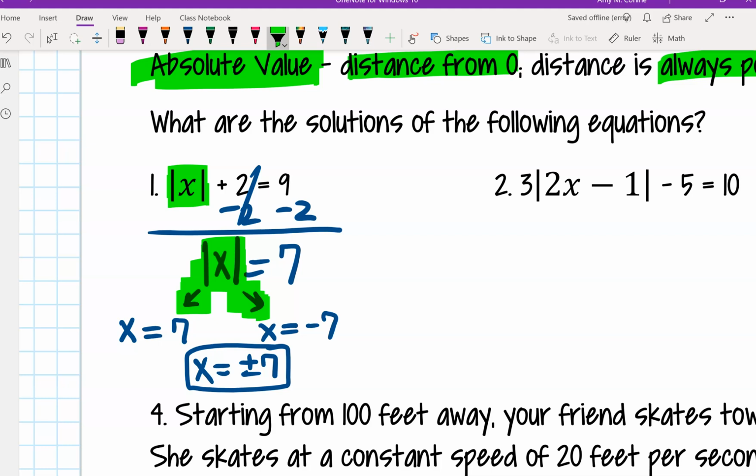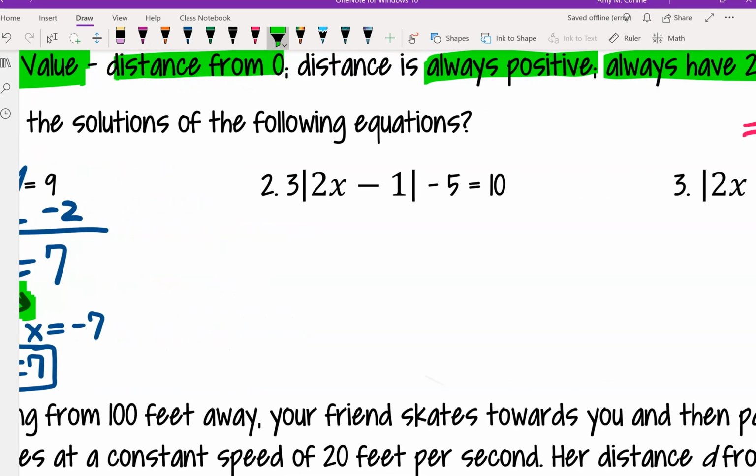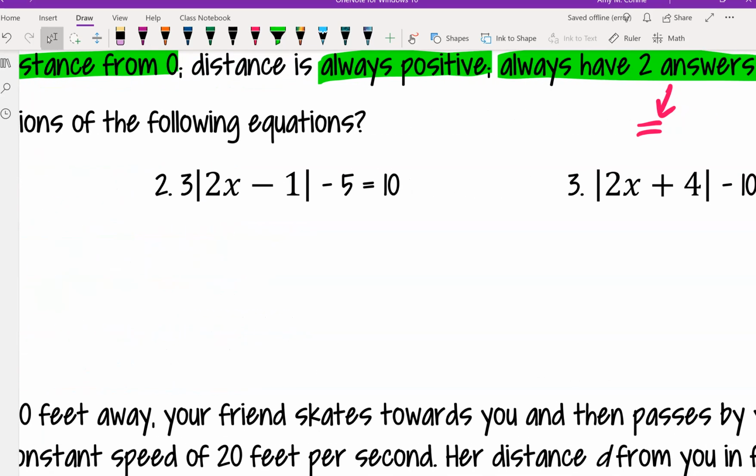I want to go ahead and do number 2 with you. I'm just going to scroll right over here. Number 2 is 3 times the absolute value of 2x minus 1, whole thing minus 5 equals 10. You have to get this group by itself completely. The first thing I'm going to do is add over the 5.